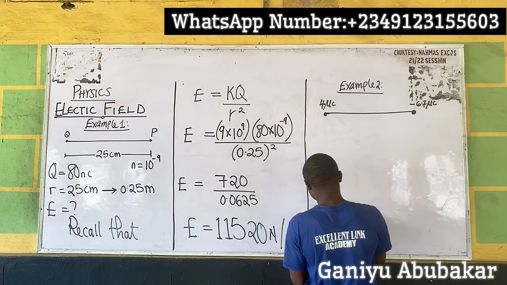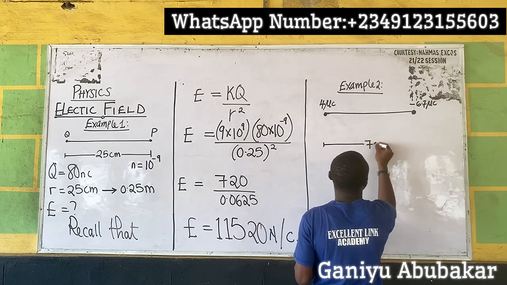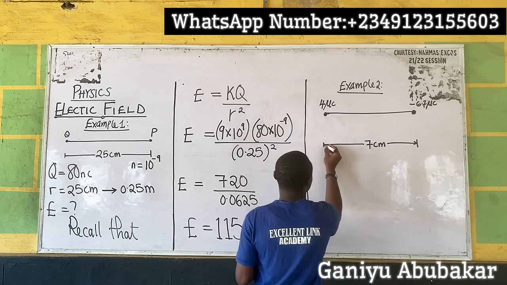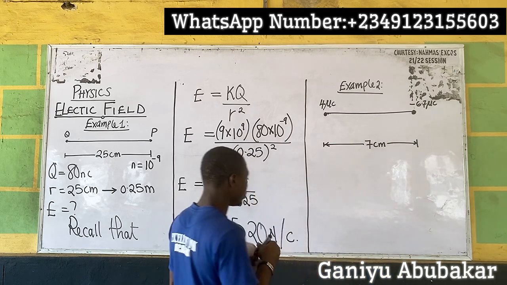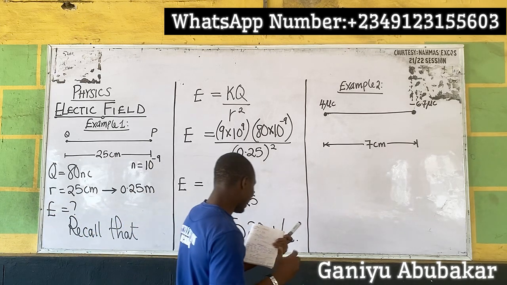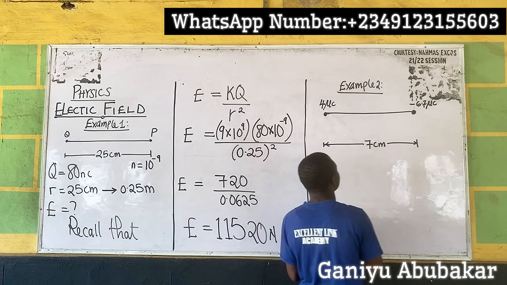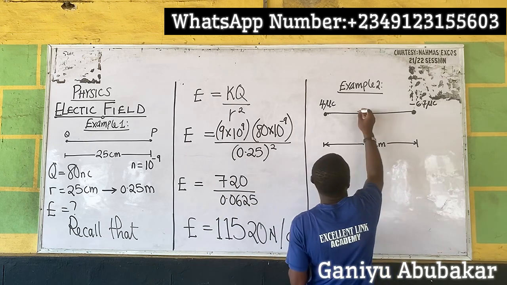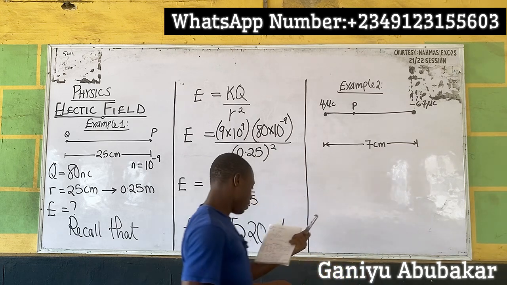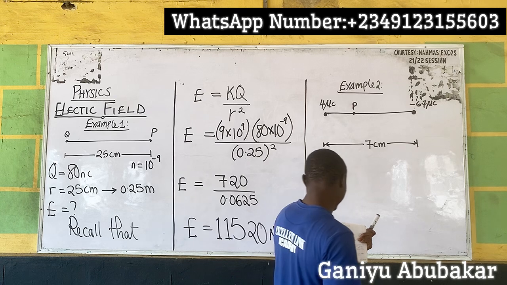So the distance of separation between the two is 7 cm. Next task, it says what is the electric field at a point P? So let's call a point here, point P, which is 2 centimeters from the 4 microcoulomb charge.